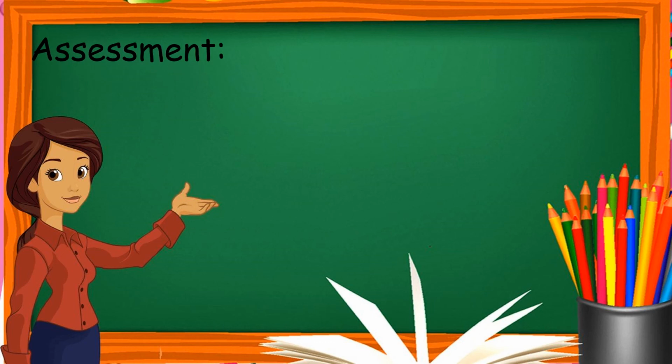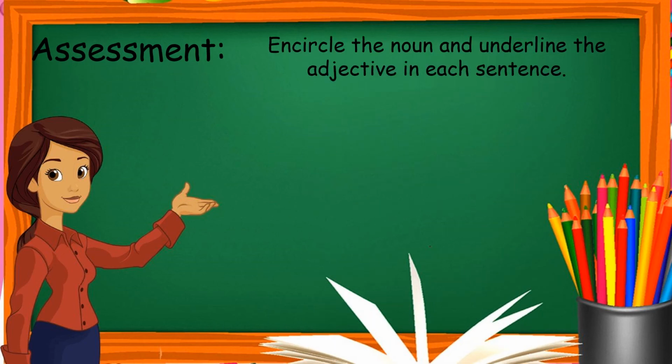Let's have an assessment, if you understand the lesson. Encircle the noun and underline the adjective in a sentence. How will you answer that one? Yes, very good. You encircle the noun and underline the adjective.